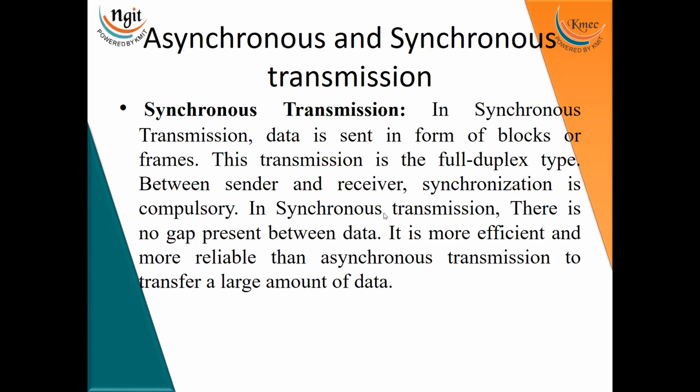In synchronous transmission, the data is sent in the form of blocks or frames, and it is of the full duplex type. When compared to asynchronous transmission, synchronous transmission is better: it is more efficient and more reliable.